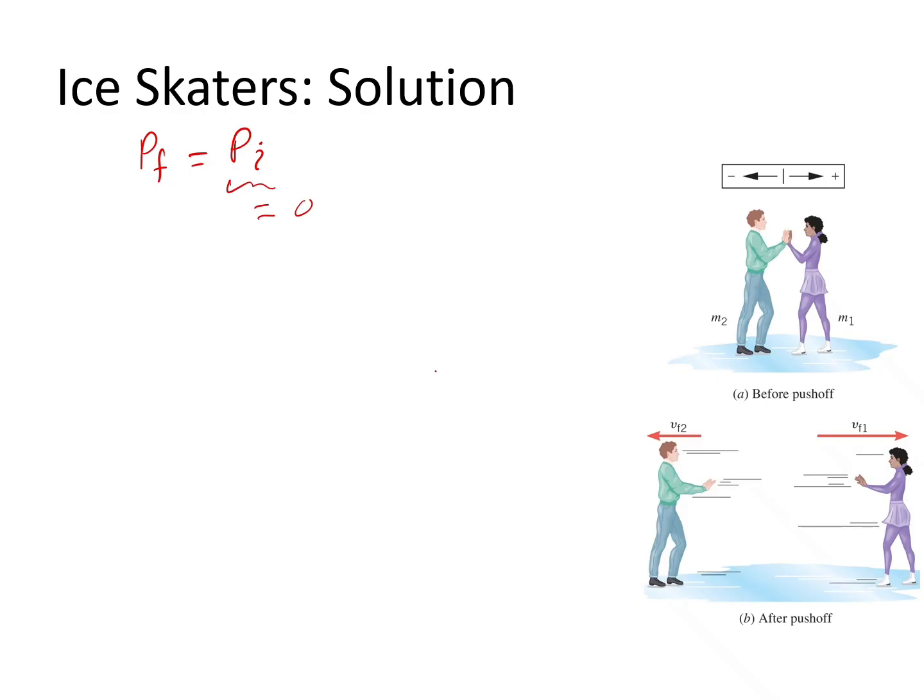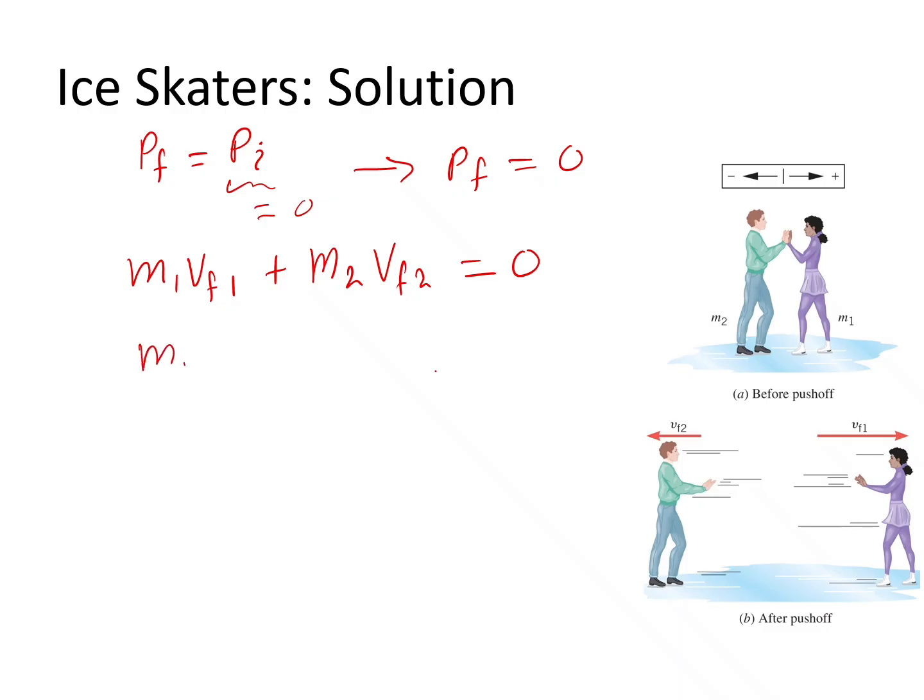So we can write that the final total momentum is zero, and that means m1 v_f1 plus m2 v_f2 equals 0. Now if we want to find v_f2, we can rearrange this equation. So we can send m1 v_f1 to the right hand side of the equation.